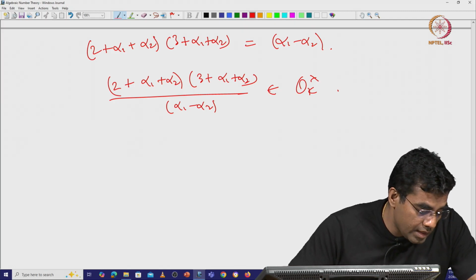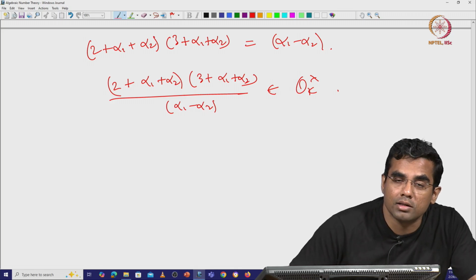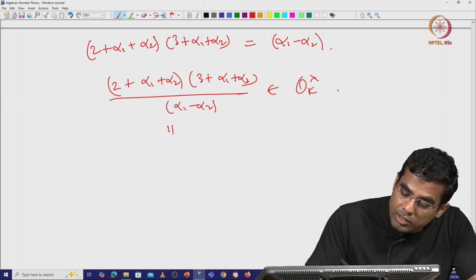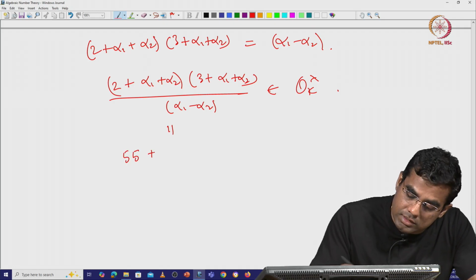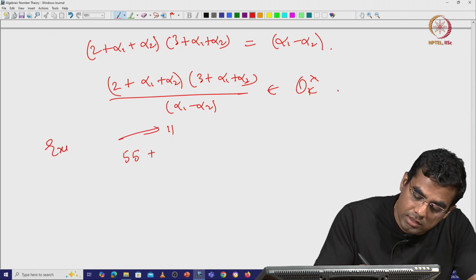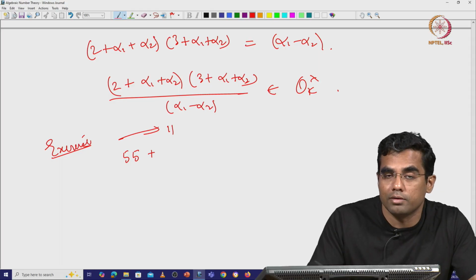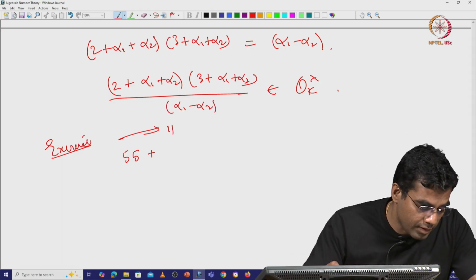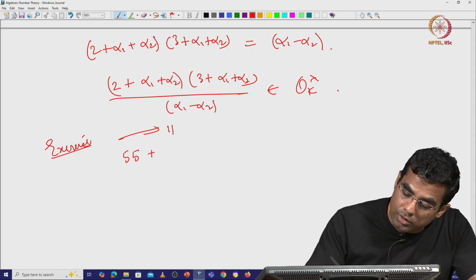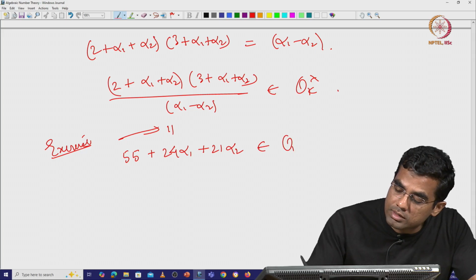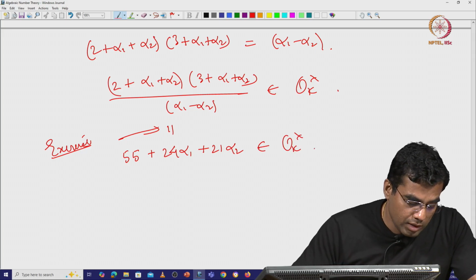Now, of course, it can happen that this is a trivial unit, right. But you do the computation, and what turns out to be the case is, so this is again an exercise, you have to use the relation between alpha 1 and alpha 2, alpha 1 square, alpha 2 square, alpha 1 times alpha 2 and so on, but this turns out to be 55 plus 24 alpha 1 plus 21 alpha 2, and this turns out to be a unit, right.